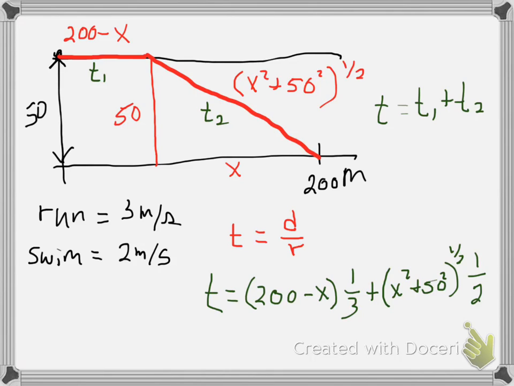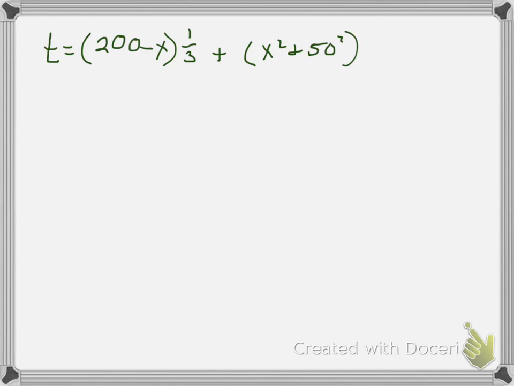I'm going to simplify that just a little bit. We started with t equals 200 minus x times 1/3 plus x squared plus 50 squared to the 1/2 times 1/2. Okay. I'm going to simplify this.